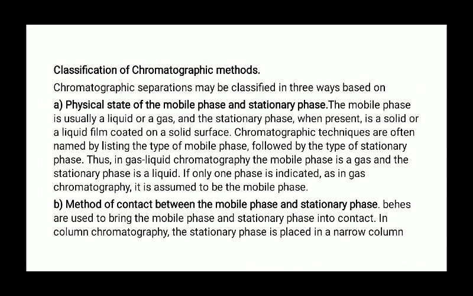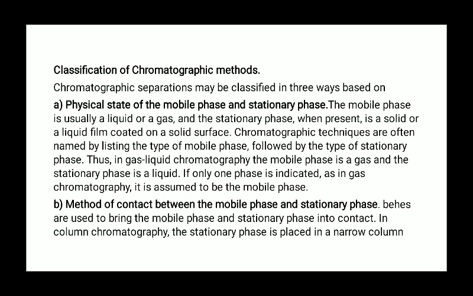Classification of chromatographic methods. Chromatographic separations may be classified in three ways: based on the physical state of the mobile phase and stationary phase, and the method of contact between the mobile phase and stationary phase. The mobile phase is usually a liquid or gas, and the stationary phase, when present, is a solid or a liquid film coated on a solid surface.